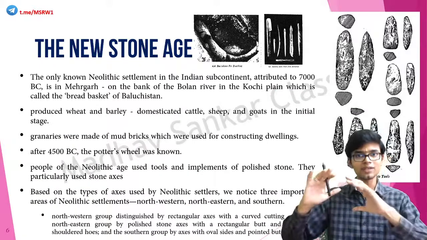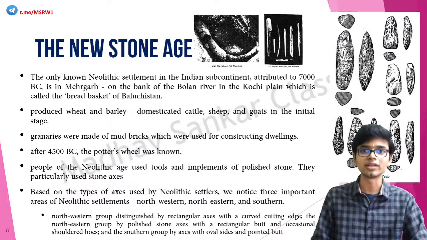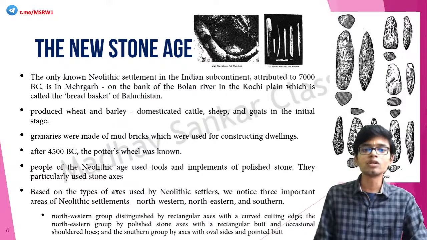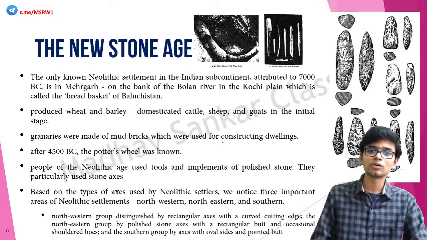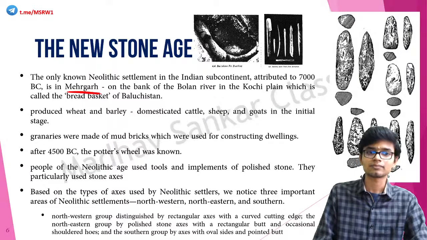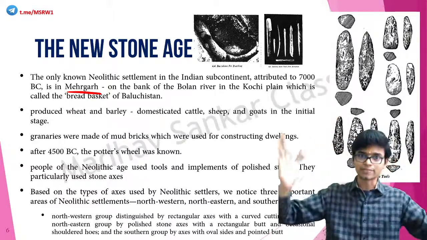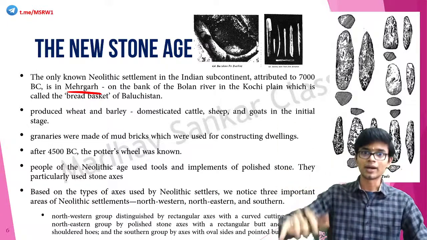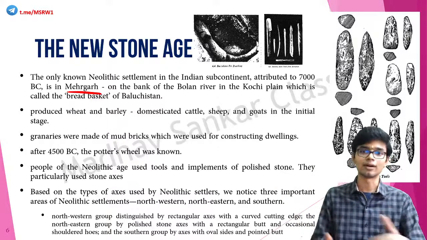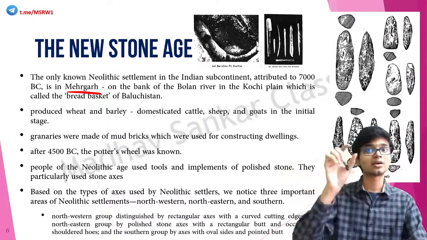Now after this transitional period comes the New Stone Age, that is the Neolithic period. In India, the only known Neolithic settlement attributed to 7000 BC is Mehergarh. The Neolithic period in a world perspective started earlier than this, but in the Indian subcontinent, the earliest Neolithic site would be Mehergarh.